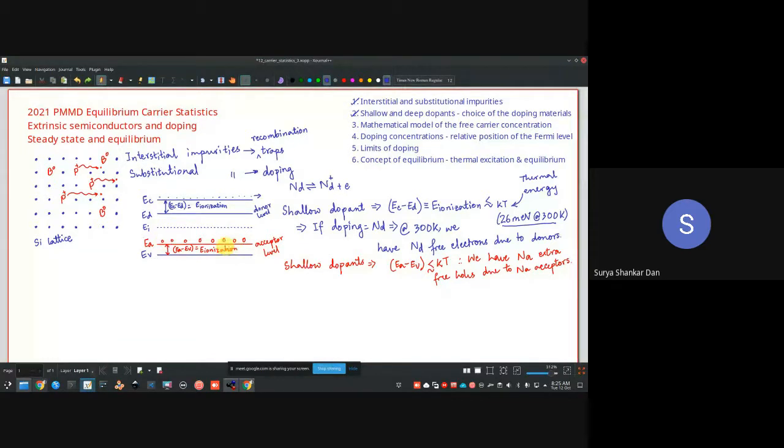These are such that they are going to ionize even at room temperature. Got it? So this is the reason why we choose these particular materials for doping.